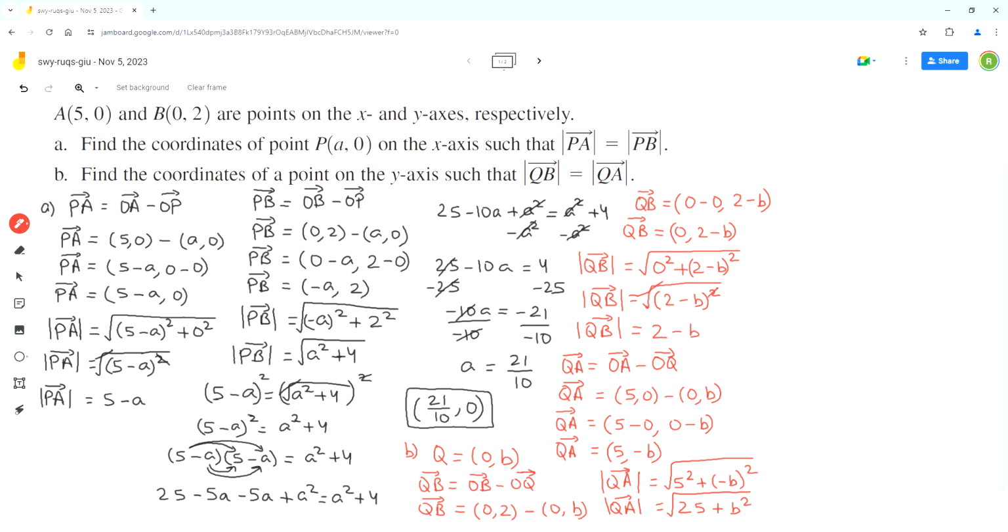Now we can set the expressions for the magnitudes of QB and QA equal to each other and solve for b. So now we can square both sides to get rid of the square root. On the right side, the square root and the square will cancel each other out.